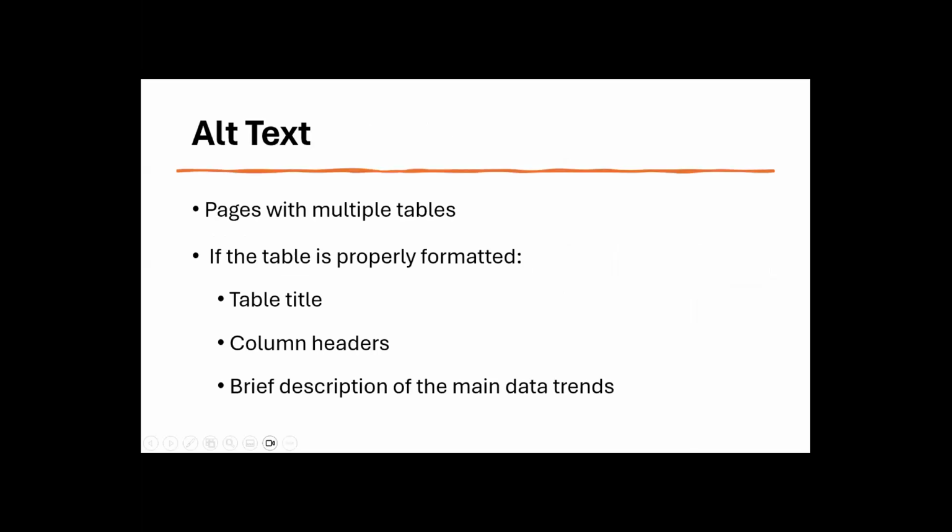All right, so we did our simple table. Now let's talk about alt text. If you have multiple different tables, you really need to give alt text all the time, but it becomes even more important when you have multiple tables going down a page. If the table is properly formatted, the alt text will say the title, the column headers, and a brief description of the main data trends.